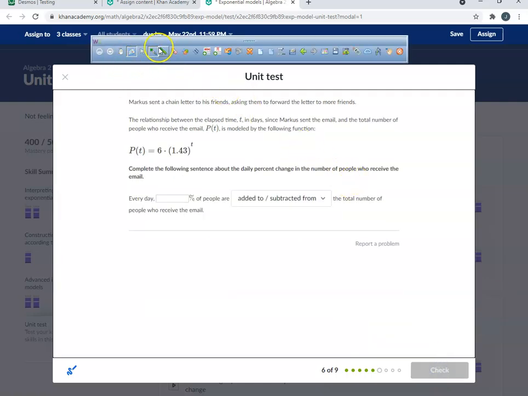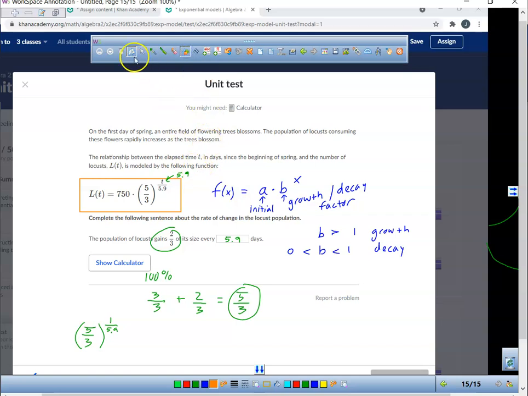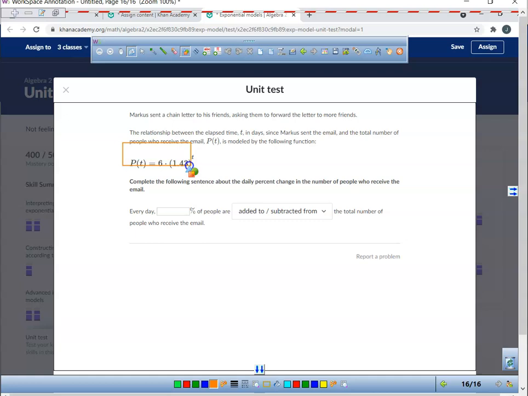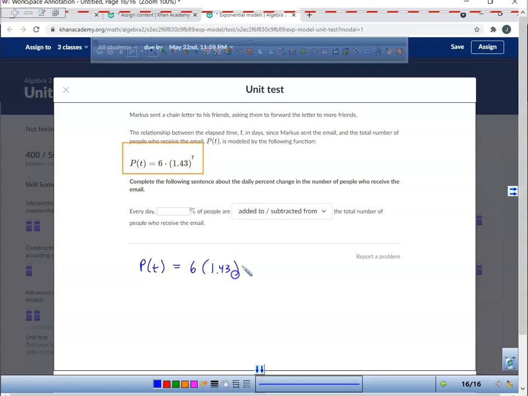All right. So what I'd like you to do on this one is you don't have to read all the words. I'm going to write down what you need to know. Here's your function. Okay? We have P of t equals 6 times 1.43 raised to the power of t.